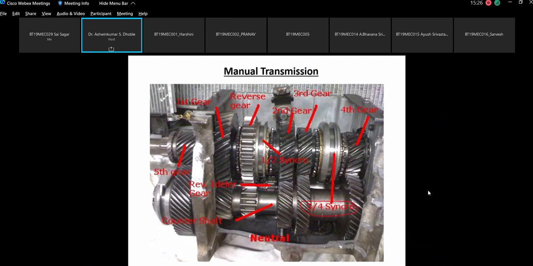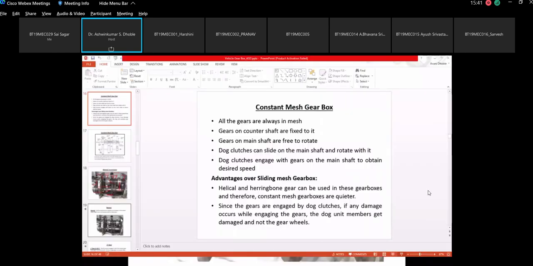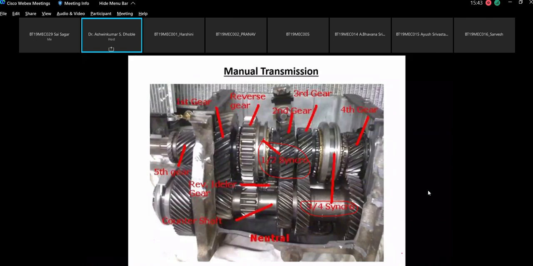This is another synchromesh device, between the first gear and the second gear. Now we are going to see how these meshings actually take place in this particular gearbox.